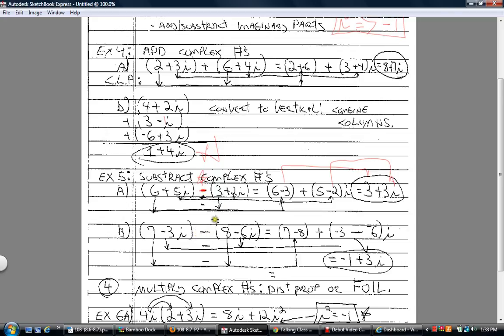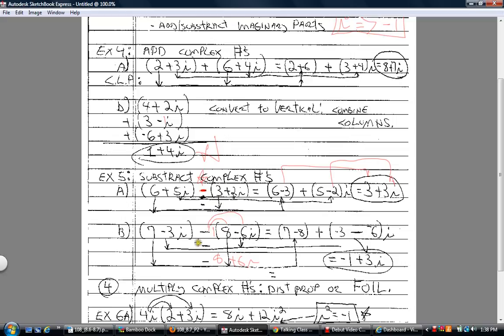You could pop up the 1 in front of the second binomial and say it's -1 times 8, -1 times -6i. What's -1 times 8? -8. Negative times the -6 is a positive 6i.